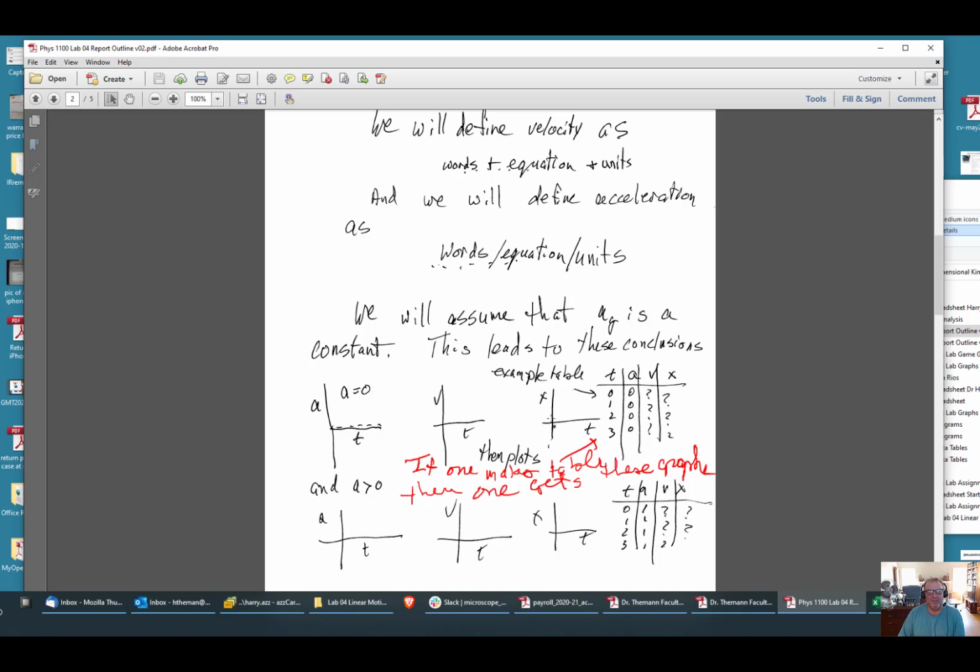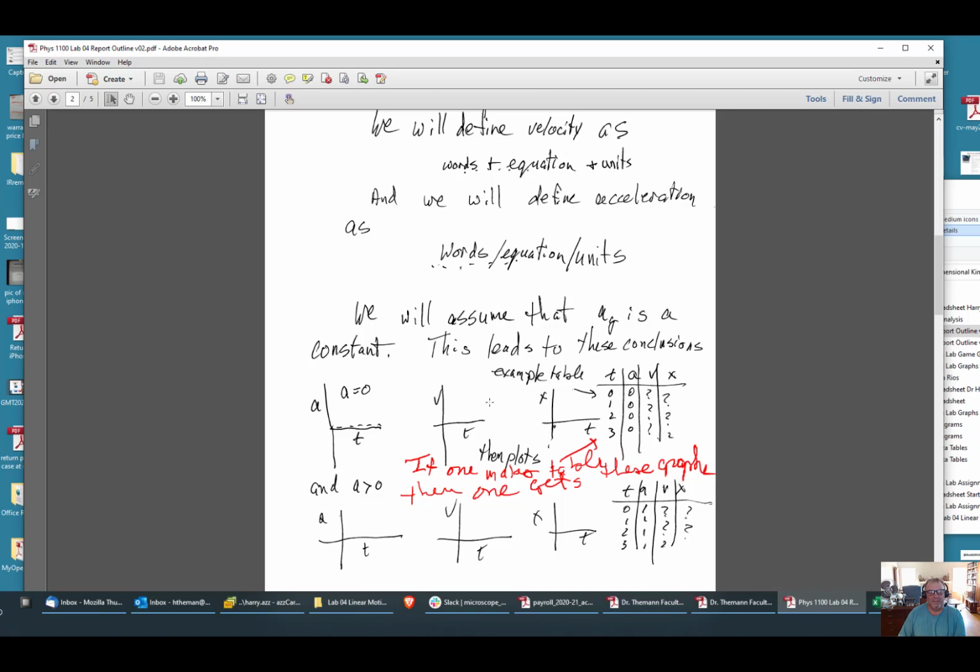So if we use our two definitions from earlier, we can create a table where an object travels at constant speed, so that's acceleration equal to 0. You have to fill in a few numbers here. It doesn't have to be perfect. Then you have these representative graphs that show a equals 0, so it's just a flat line at 0.